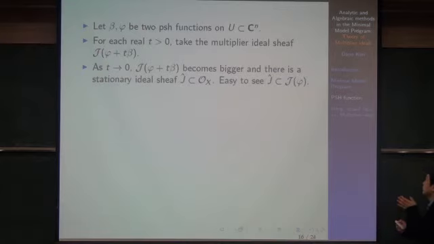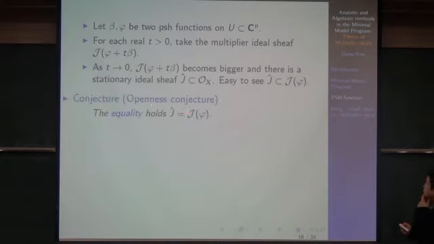That one ideal J hat will be contained in the multiplier ideal of phi. Let me just mention that this J hat is not the usual multiplier ideal. It's just coming from this limit process when t goes to 0.